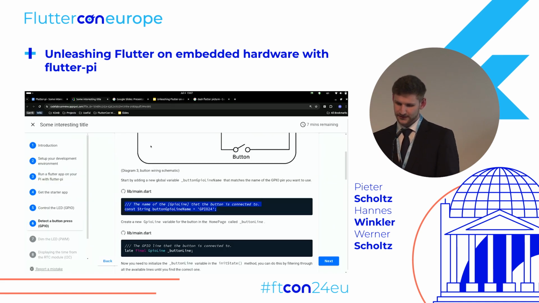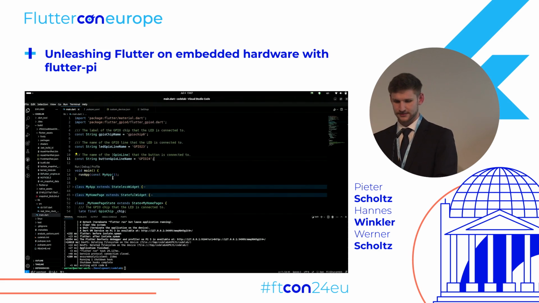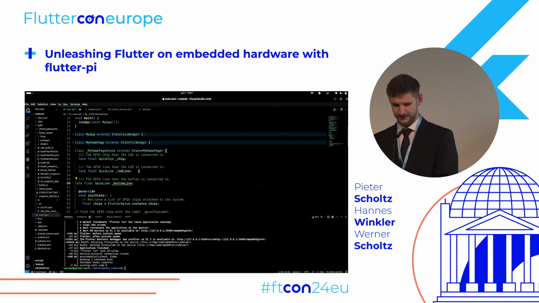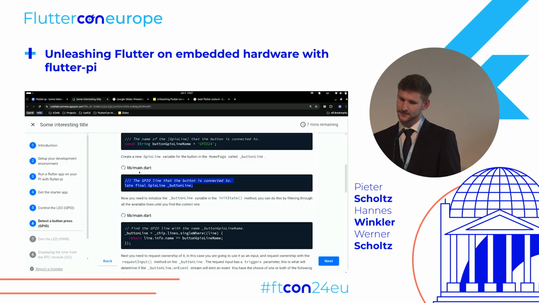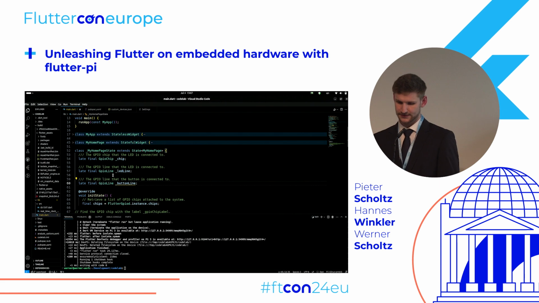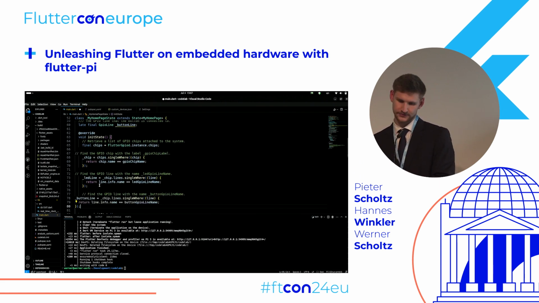Specifying the identifier for the button. Adding a variable so we can actually access it. And assigning the correct GPIO line to that variable.